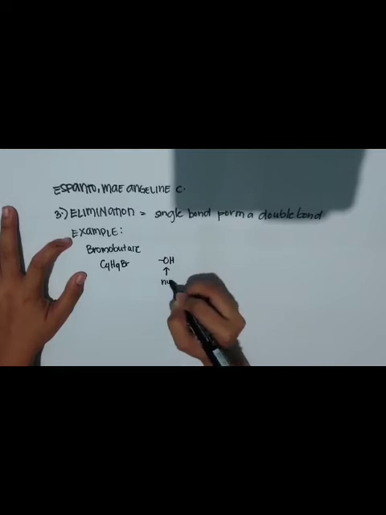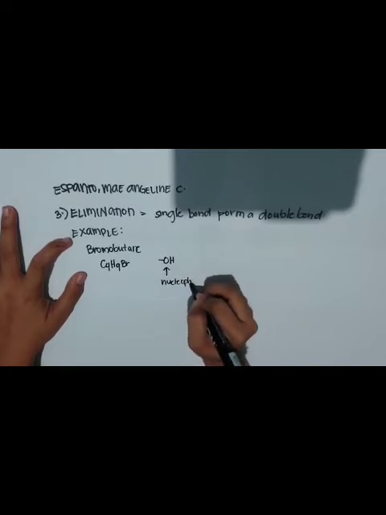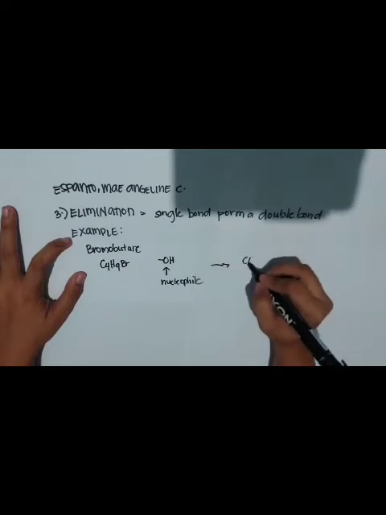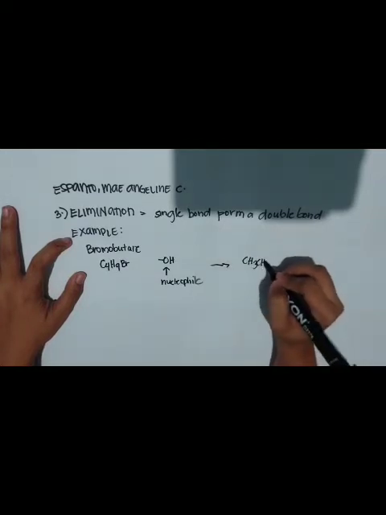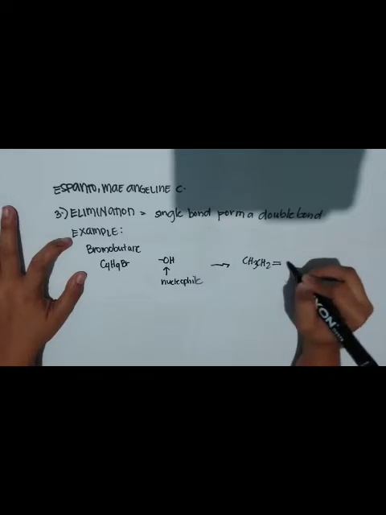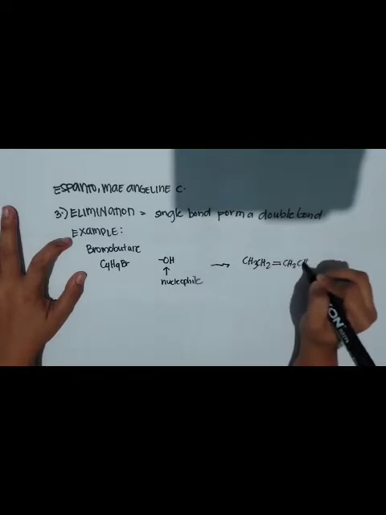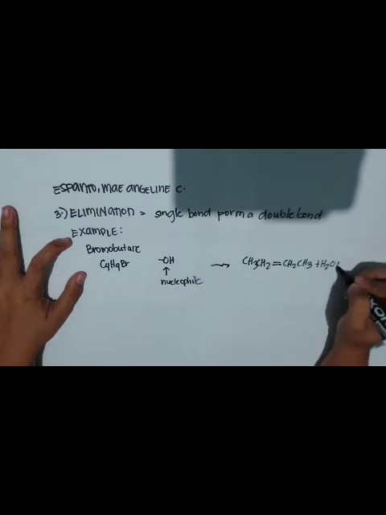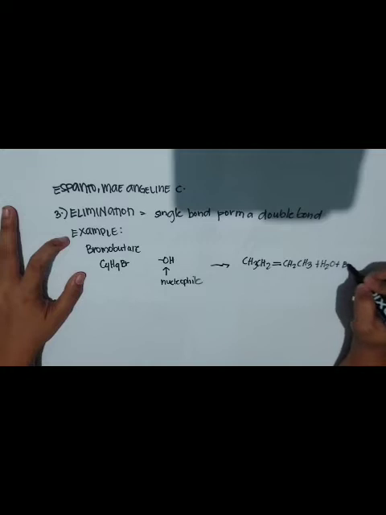The final product will be CH3CH2 double bonded CH2CH3 plus H2O, water, plus Br negative, or bromide ion.